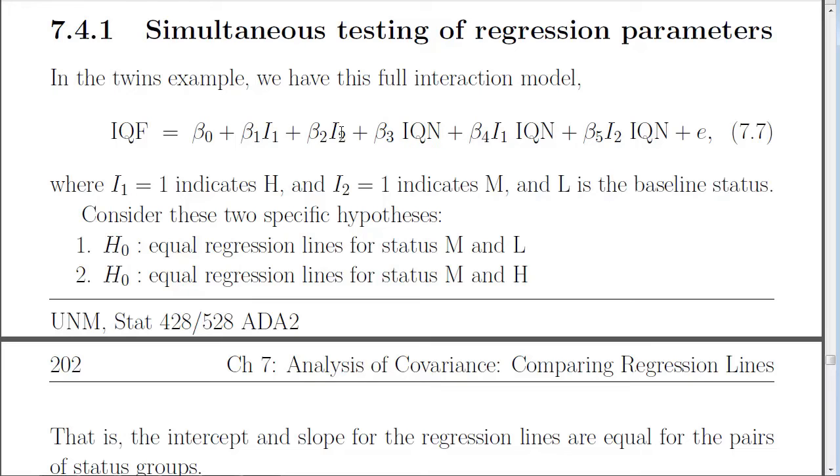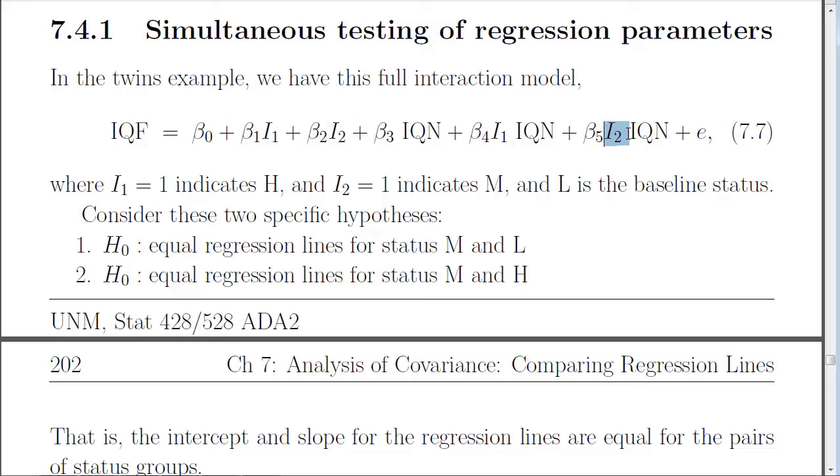I2 is the indicator for the medium group. So if low and medium are going to be equal to each other, then what does beta 2 need to be equal to? 0, right? Because that means this term doesn't change when the medium group is active.